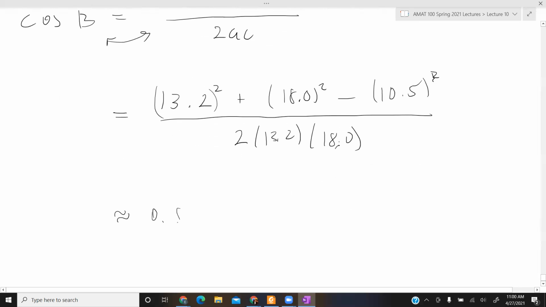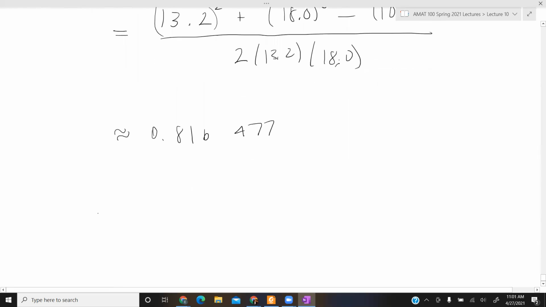Actually, they don't even give you a fraction in this. They just give you the decimal approximation, 0.0816477. You could give an exact number because it's a rational number, so it's a finite decimal, but that's all right. So cosine B is approximately equal to that.